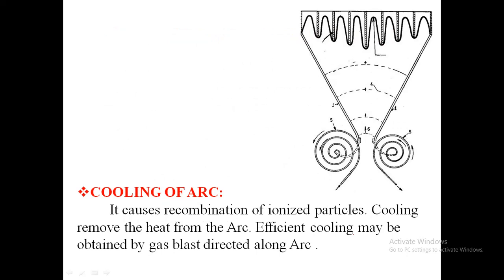When the arc is pulled upward, it will be elongated, then split and cooled, due to which it is extinguished. Due to the splitting of the arc, it will be cooled and gets extinguished.